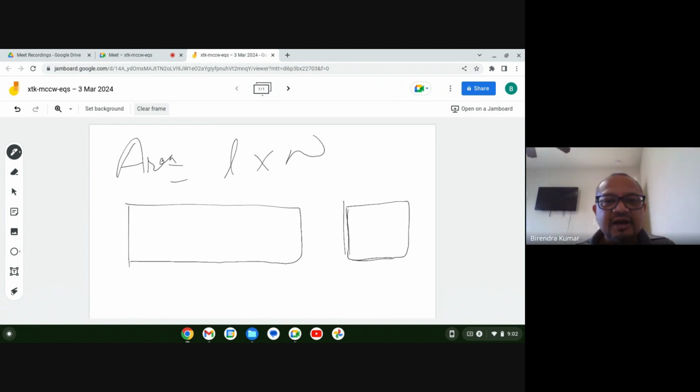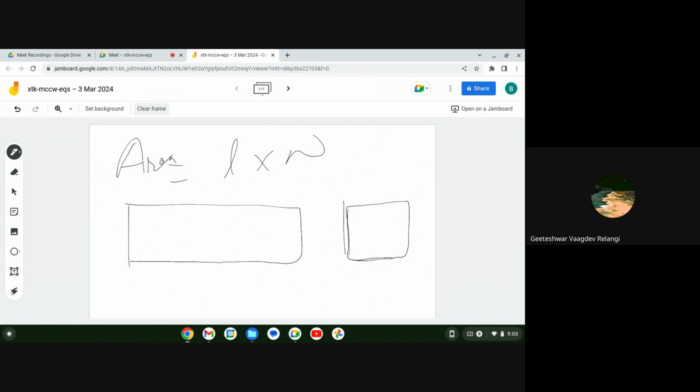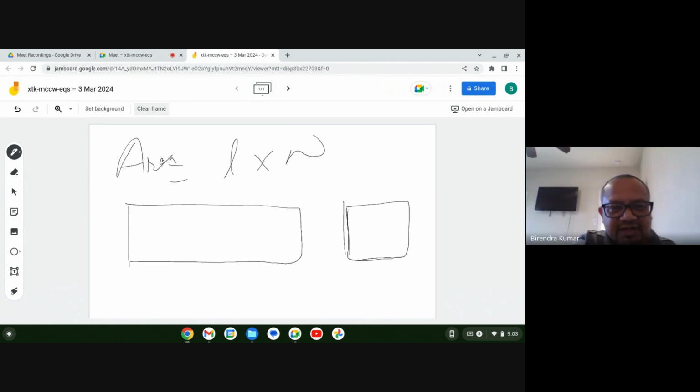So area of a rectangle we found out, with whatever we did so far, is length times width. I have the other option of doing the same for a square also, because a square looks similar. But since we know the property of a square and a rectangle, we will see if we can borrow that knowledge for doing it faster. So what is the property of a rectangle?